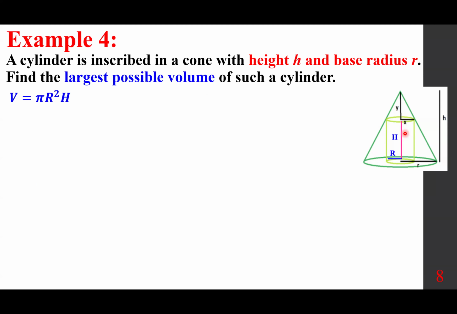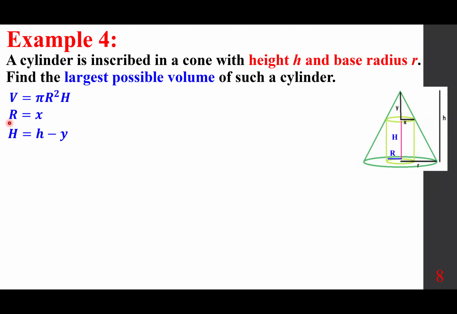Since we call this x, capital R is x, and capital H is lowercase h minus y. So capital R is x, and capital H is this distance, h minus y. I hope everybody is clear on that. I like to go with x and y. You can keep it as R if you want, then R becomes an independent variable that you're going to work on.